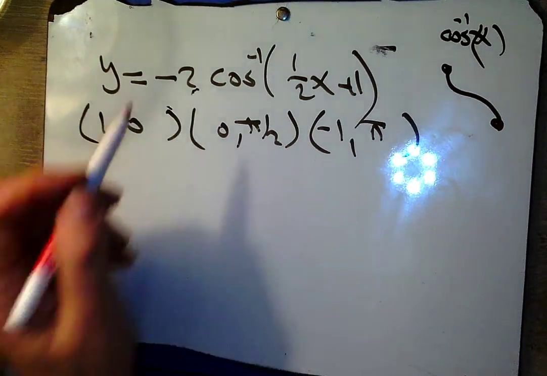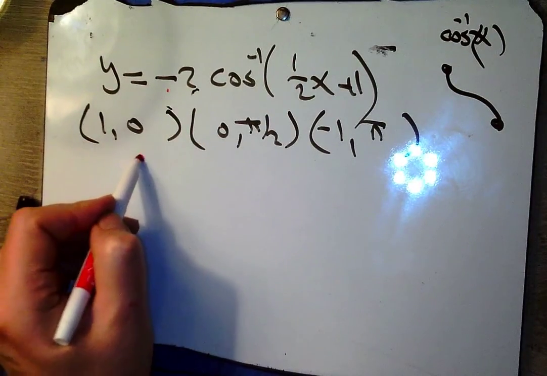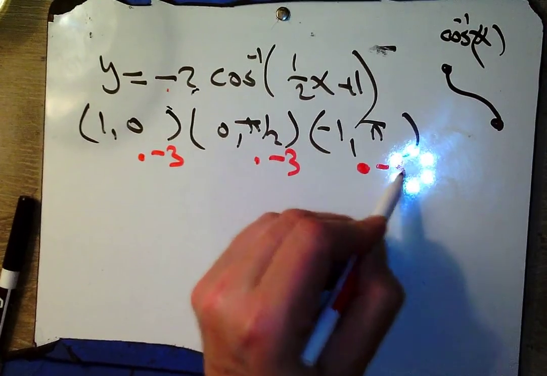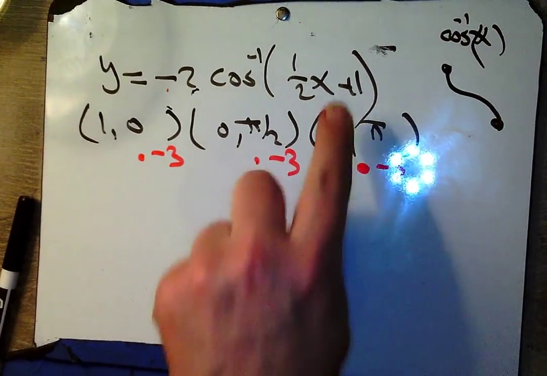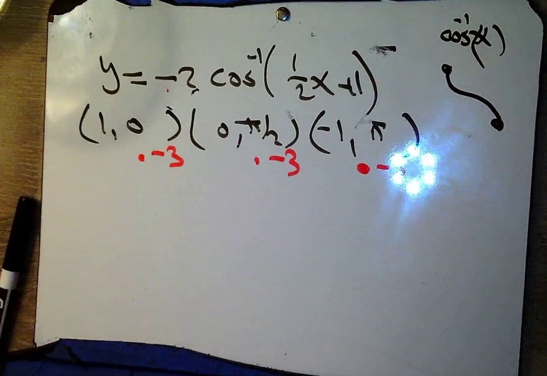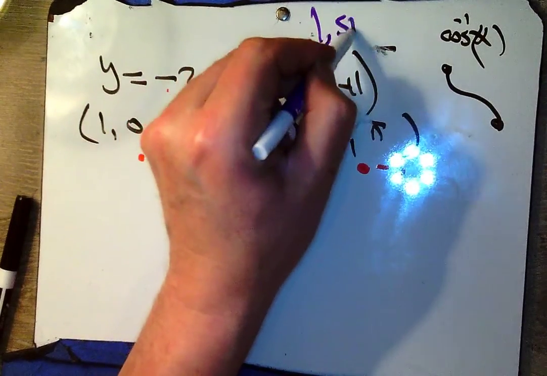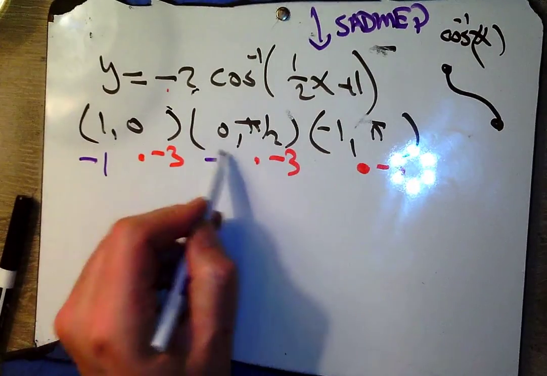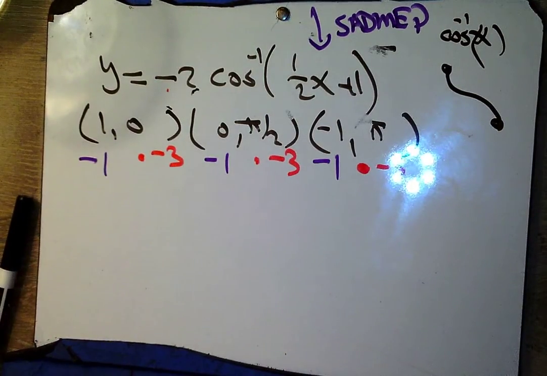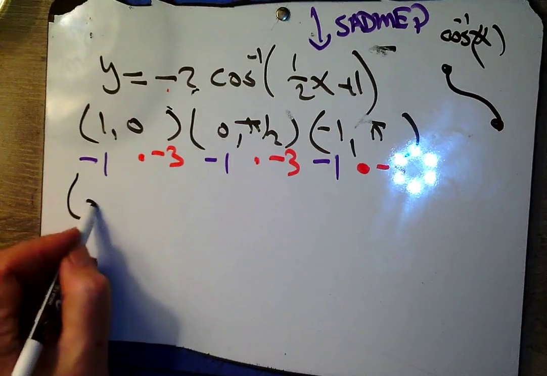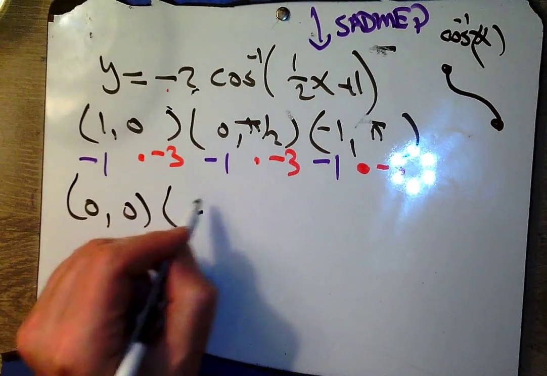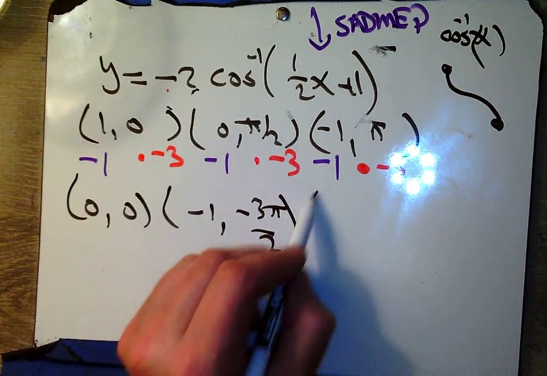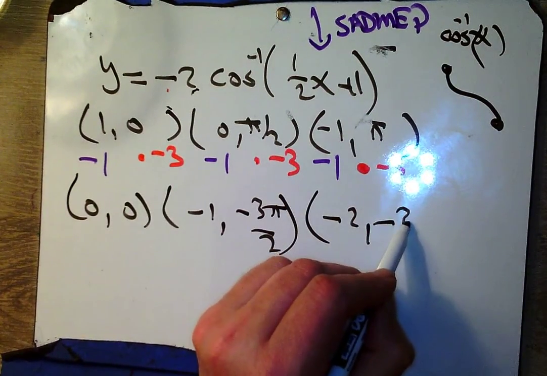So we've got the y transformation: multiply the y's by negative 2. And I see 2 x transformations here. So let's say SAD MAP on the inside, which means I'm going to subtract 1 from all the x's. That gives me these transitional points: (0, 0), (negative 1, negative pi over 2), (negative 2, negative pi).